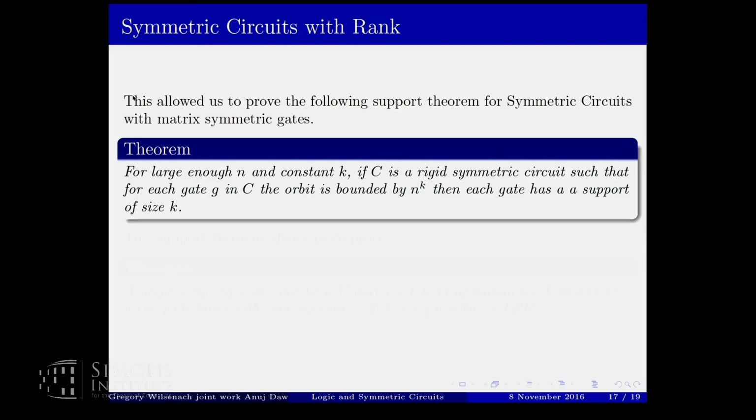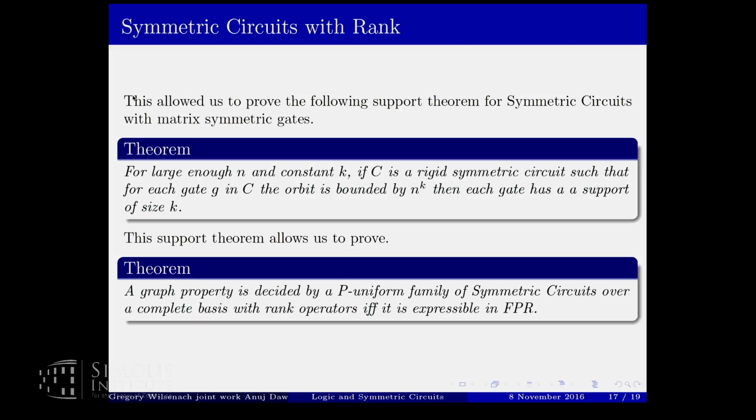And by plugging that into the proof that I mentioned earlier, we ended up being able to prove that P-uniform families of symmetric circuits with rank operators are in fact the same as fixed point with rank. I should say, that shouldn't say just any complete basis. Let's just take the ordinary basis for the moment, so AND, OR, NOT.